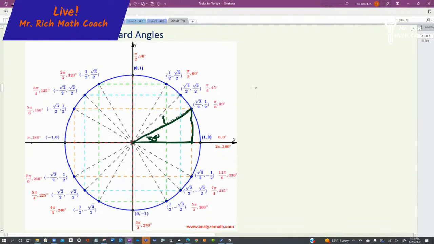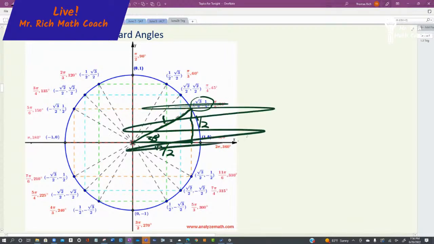Well, if I use my relationships from the 30, 60, 90 to go from the hypotenuse to the shortest leg opposite the 30, I cut that in half and I get a 1/2. But then to get the longer leg, I take the short leg times √3. So that becomes 1/2 times √3, or √3/2. And that's where this coordinate comes from. All right, so the x coordinate is √3/2, and the y coordinate is 1/2.